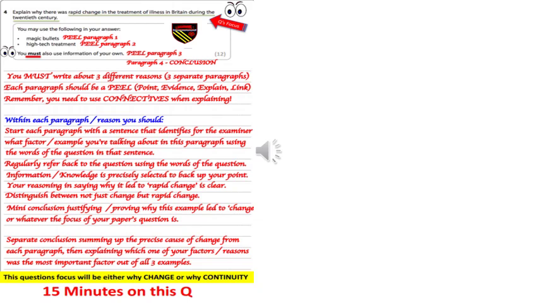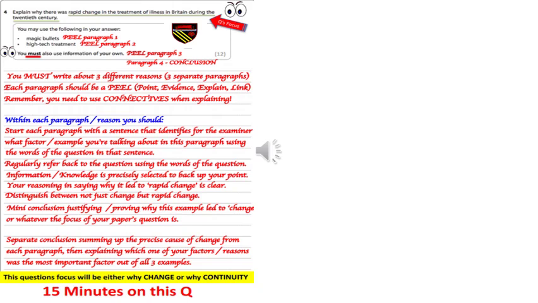Okay, what is true is that each paragraph should be a PEEL, point, evidence, explain, link paragraph. Okay, so you need a point, evidence, explain, link back to the question paragraph, and you need to use solid connectors. Now you should know that you've practiced that a lot. Okay, lots of howevers, lots of in addition, lots of this is important because, lots of for example. Okay, use those connectors to help make sure you hit the PEEL points, to make sure a good paragraph is a good paragraph, and that's true all the way up to PhD level.